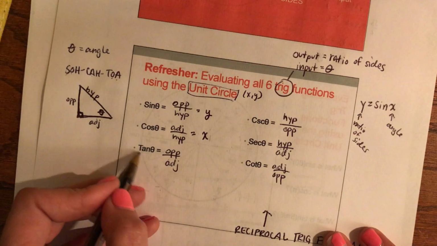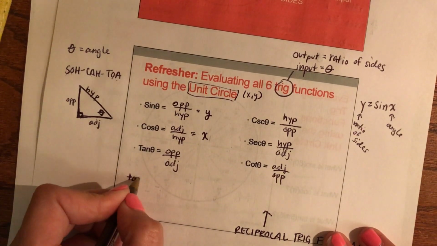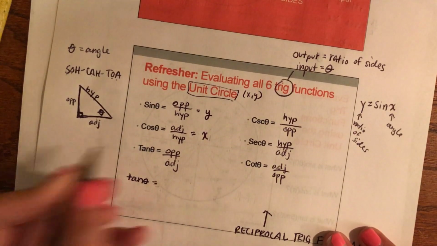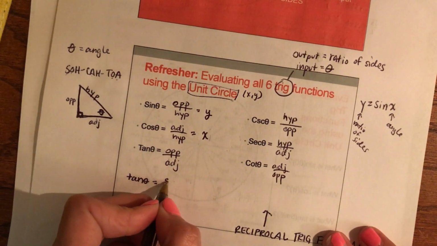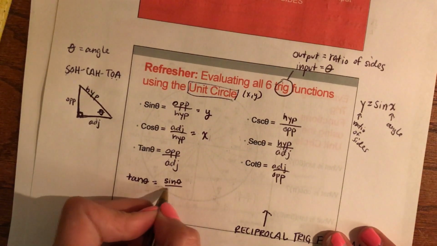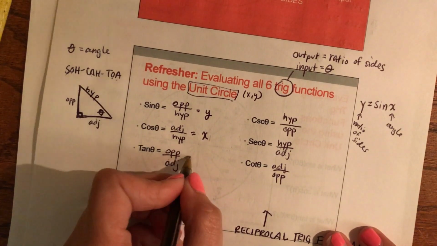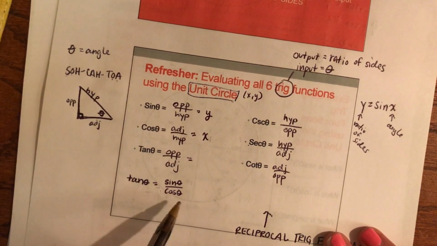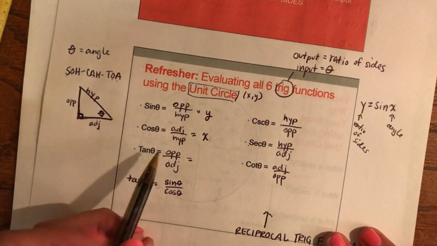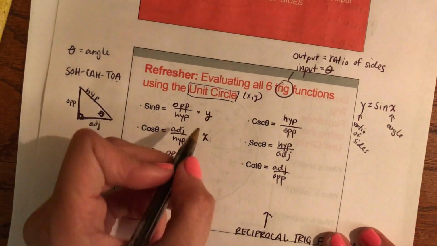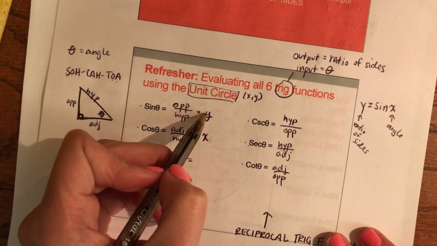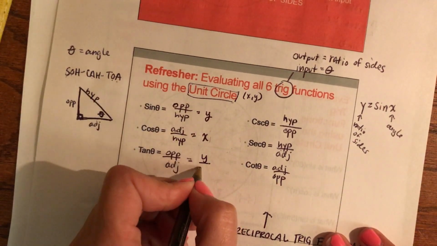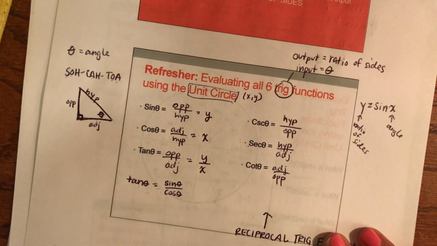And then you may or may not have known this identity, but this goes back to your trig identities. Tangent of theta is the exact same thing as sine of theta divided by cosine of theta. So when we're thinking about using the unit circle, sure, it equals opposite over adjacent, but it also equals sine divided by cosine, which is also y divided by x. Okay?